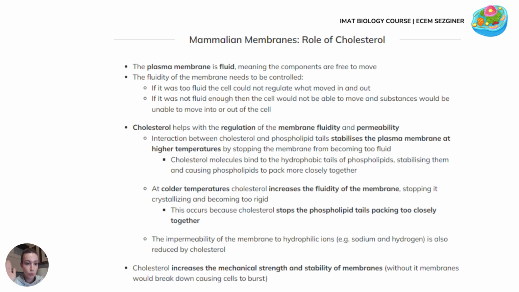Do you see this dual role? In hotter temperatures, it avoids the membrane being too fluid, or it helps with the packing of the plasma membrane. But at the same time, if the temperature is cold enough, it increases the fluidity of the membrane and avoids crystallization or the cell becoming too rigid.